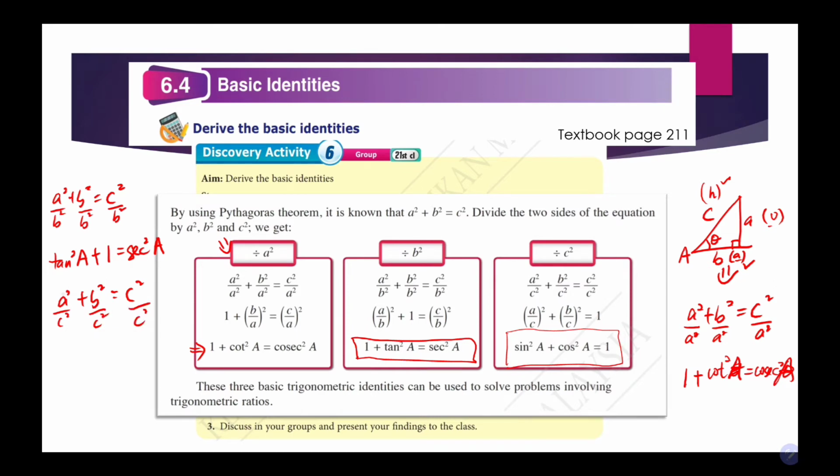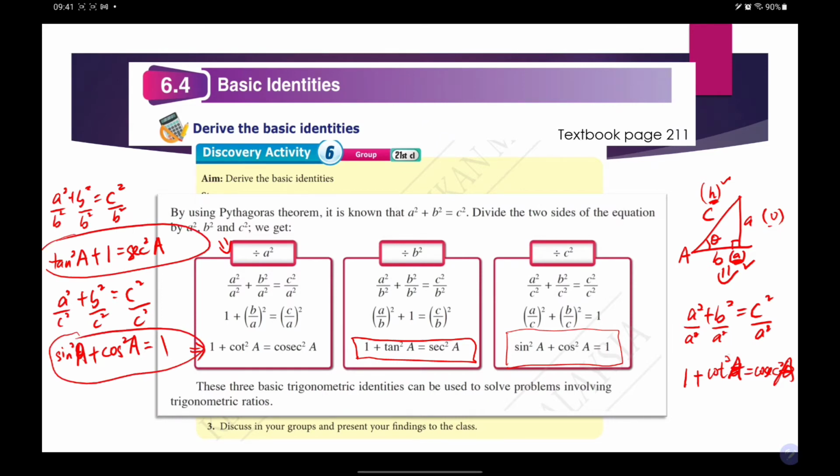A over c is opposite over hypotenuse, which is sine of angle A. B square over c square, which is adjacent over hypotenuse squared, we have cosine square of A, and the c square over c square, which is 1. So this is how we derive the three identities.